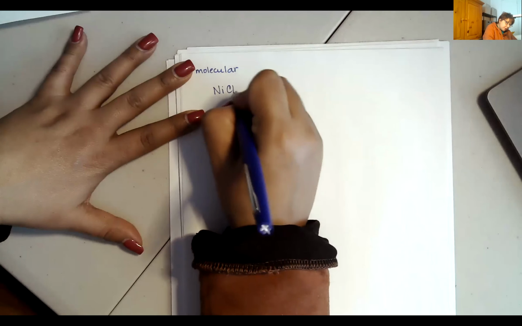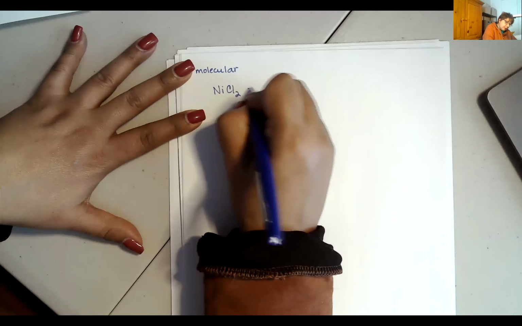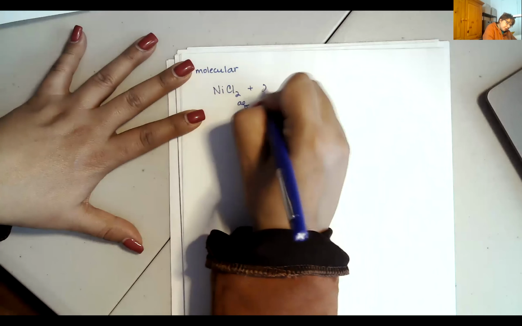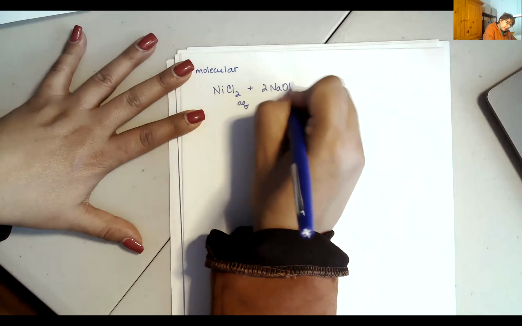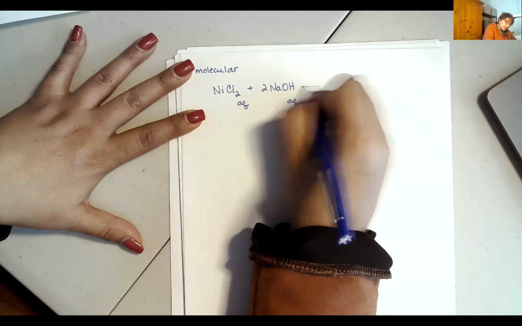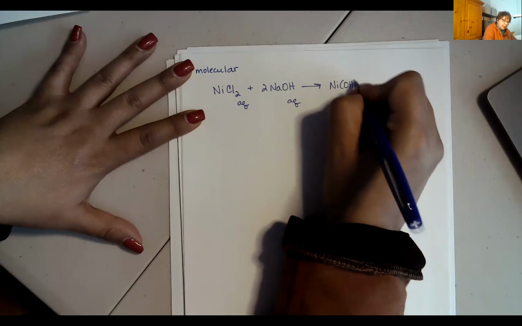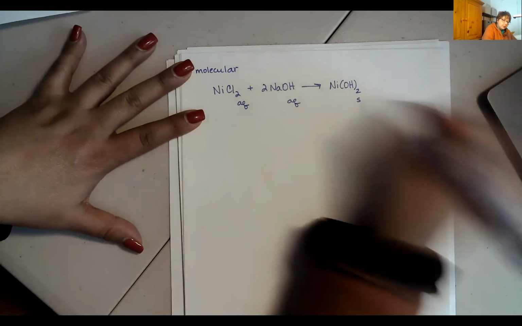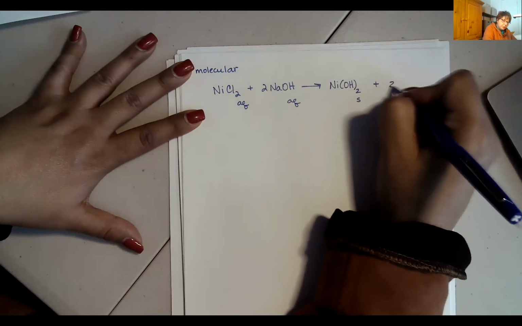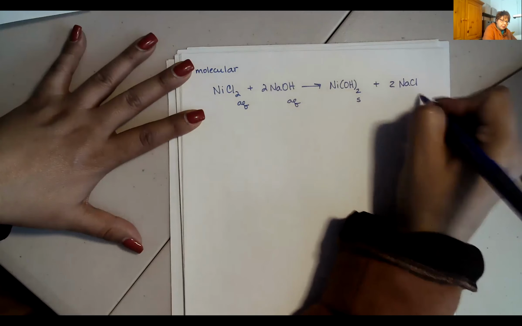So our nickel 2 chloride, aqueous, plus 2 sodium hydroxides, aqueous, which would yield nickel 2 hydroxide, that's our solid, plus 2 sodium chlorides, which are aqueous.